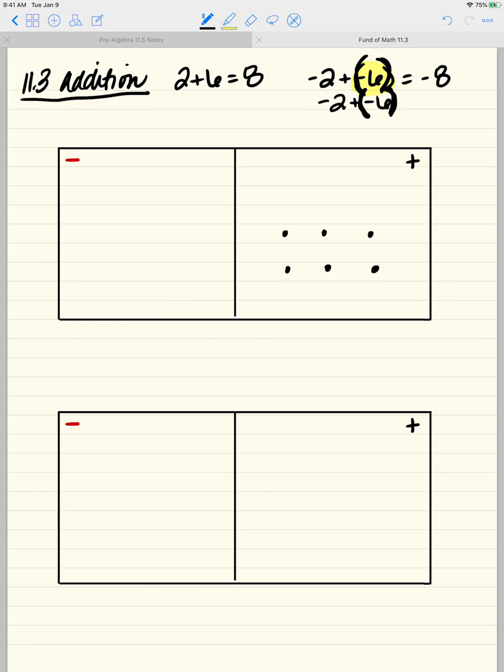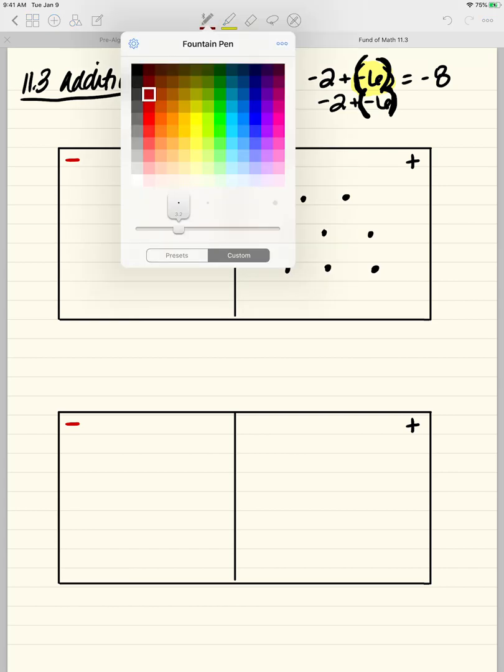That represents our positive 6 of 2 plus 6, okay? And then I would say to you, now I would like you to put 2 black jelly beans on the positive side. So you would do 2 more. Obviously, how many jelly beans do we have on the black side now? We have 8.